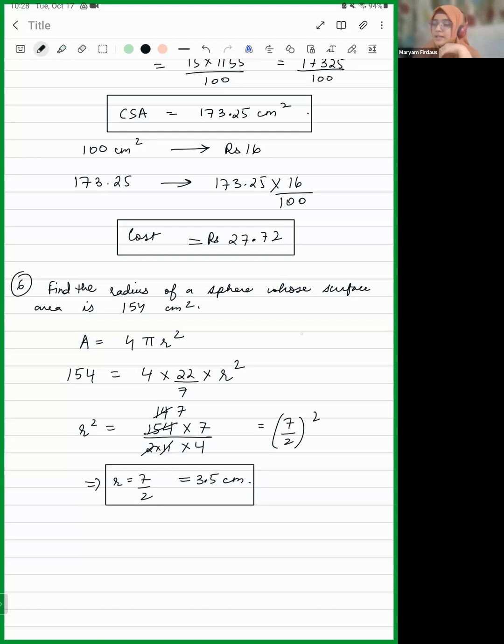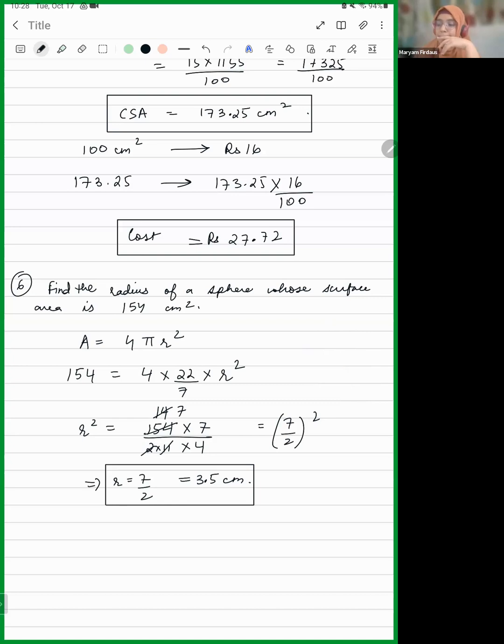So r square is 49 by 4. So r will be root of 49 by 4. What is root 49? It is 7. And root 4 is 2. So 7 by 2.